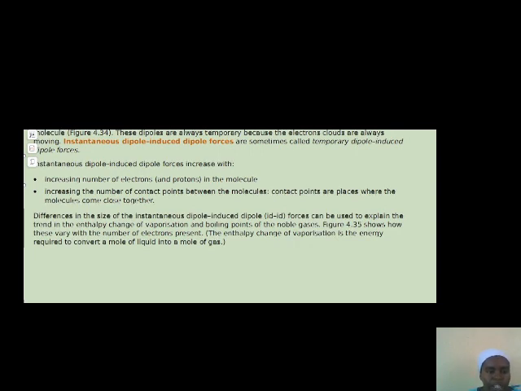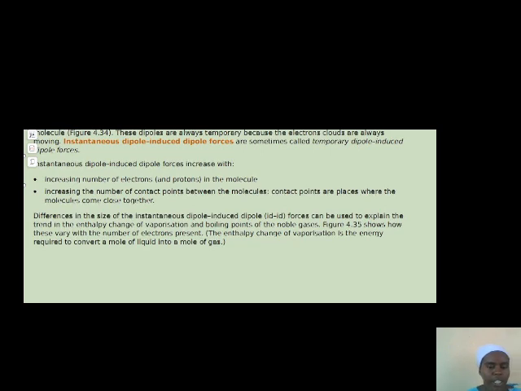So the dipoles are always temporary because the electrons are constantly moving, and therefore they are called instantaneous dipole induced dipole forces of attraction. They increase with the number of electrons in a molecule, and they also increase with the number of contact points between two molecules.